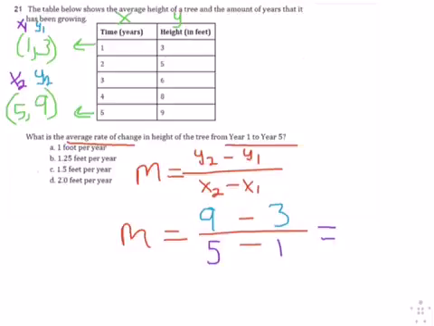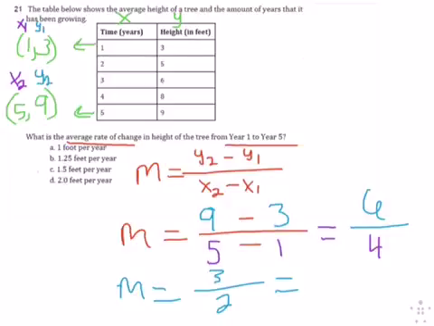So 9 minus 3 is going to be 6, divided by 5 minus 1, which is 4. So then we just reduce that number, and we get m equals, so we know 2 goes into 6 3 times, and 2 goes into 4 2 times, which is 3 over 2. Since our answers are written in decimals, we divide that, and 3 divided by 2 is 1.5.